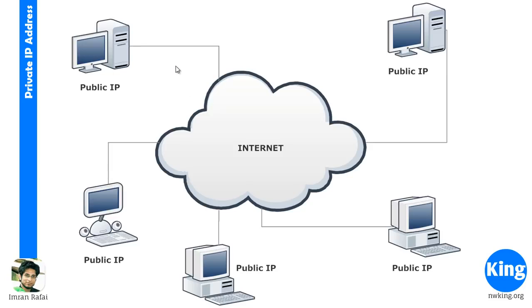So when NAT and public and private IP came about, it reduced the number of IP addresses that had to be assigned to each computer, and each computer in today's scenario does not have an IP address that is internet facing. So the whole design of the internet had to be changed when the IPv4 addresses started running out.